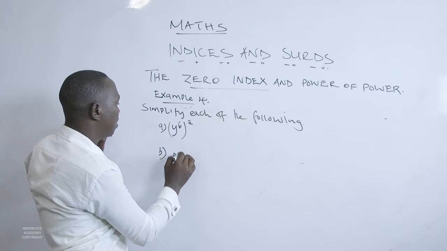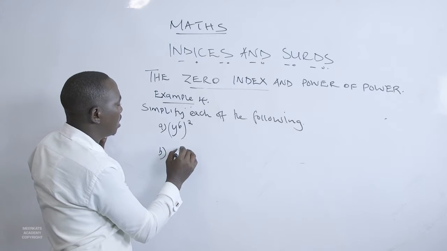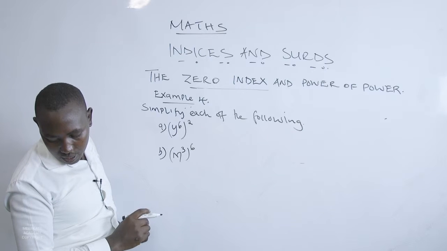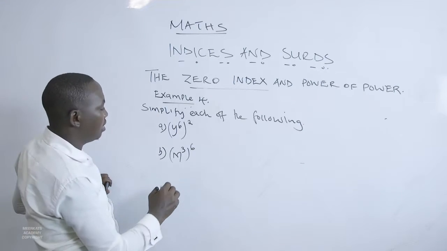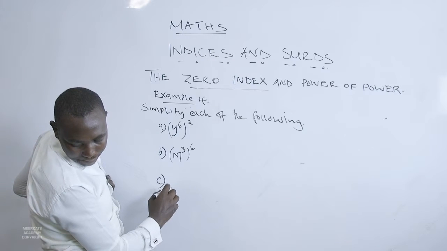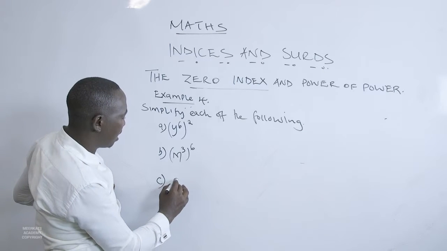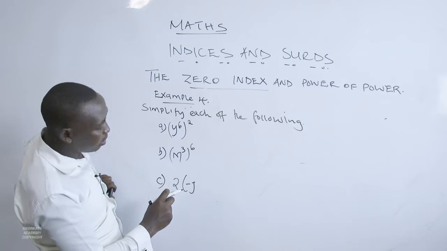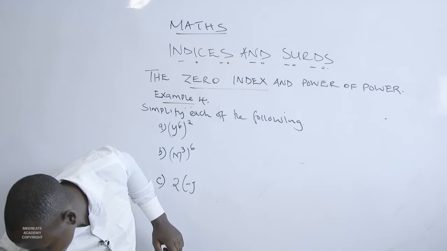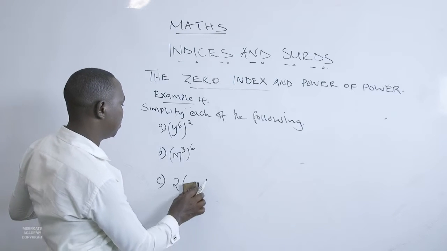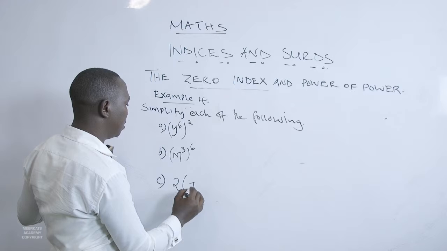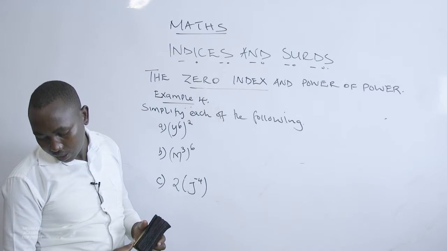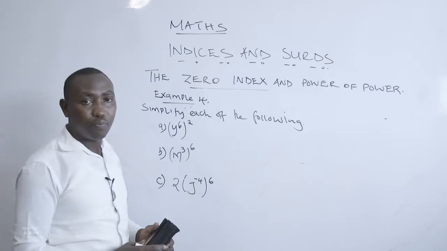Number B, m raised to 3, the whole of it raised to 6. Then C, 2 multiplied by j raised to negative 4, again the whole of it being raised to 6.